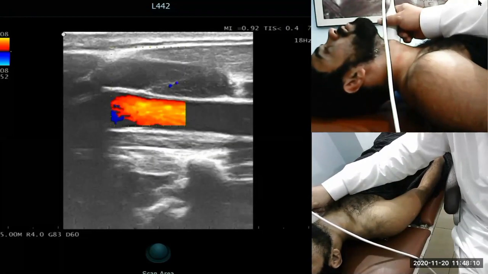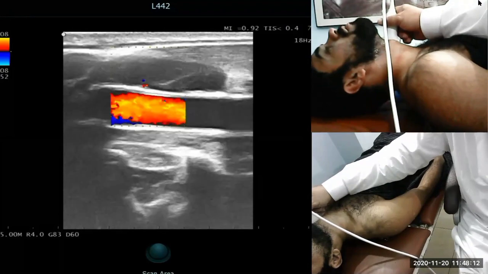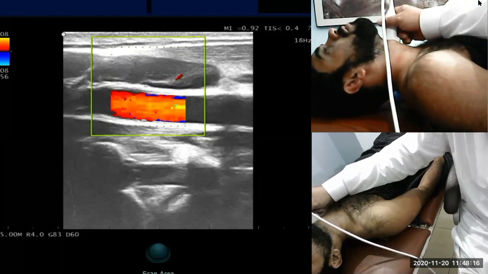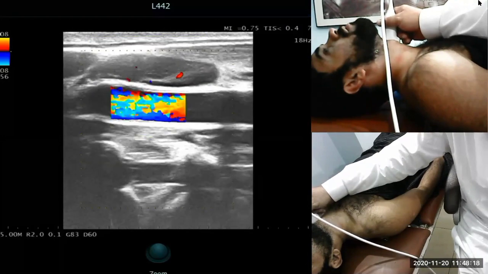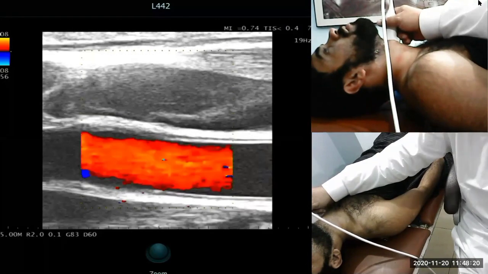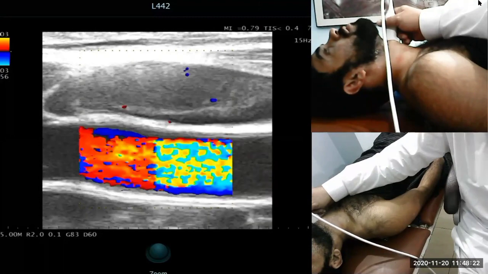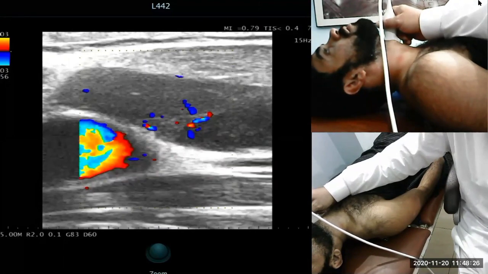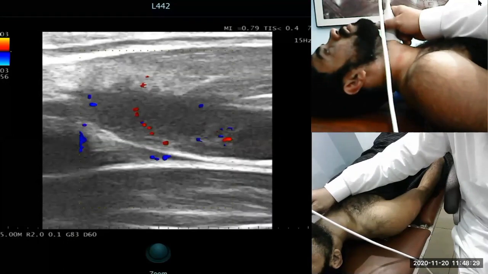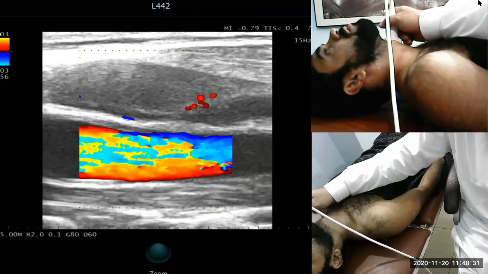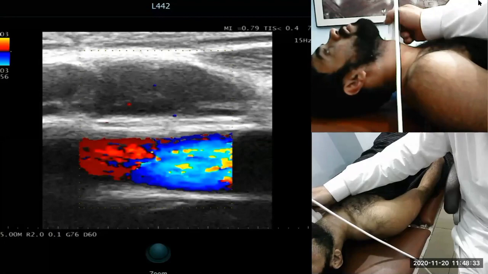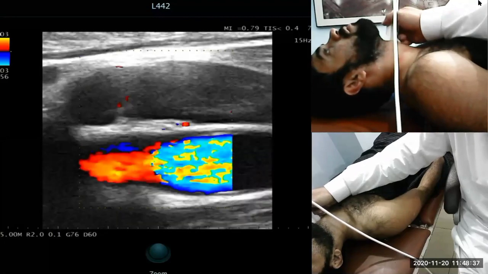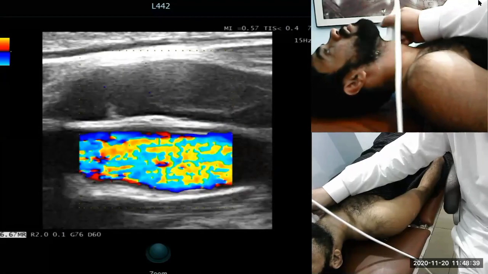Above the carotid, you can appreciate the flow inside. There you see.